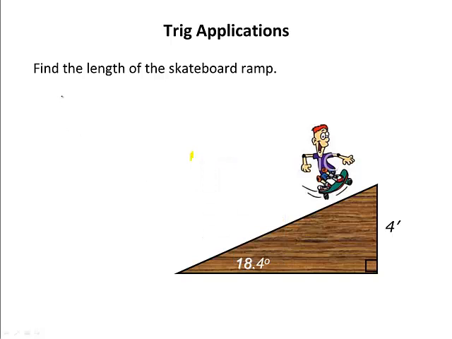Sine of the angle is equal to opposite over the hypotenuse. We're trying to find the hypotenuse of my triangle.